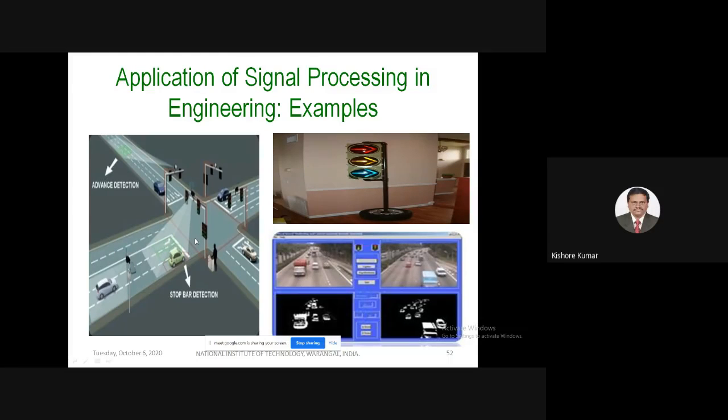Earlier, last semester, I worked as a visiting professor at AIT Bangkok. At AIT Bangkok, they developed one AI-based signal detection at their security gate. Not only the security gate, they also try to identify the vehicles, whether the vehicle is an authorized registered vehicle or not.